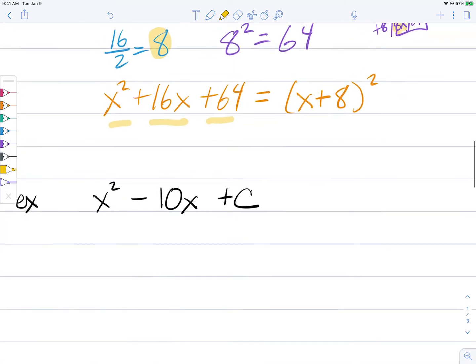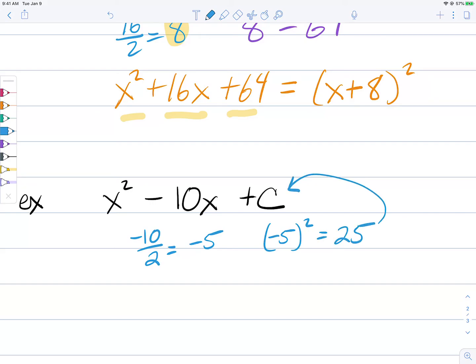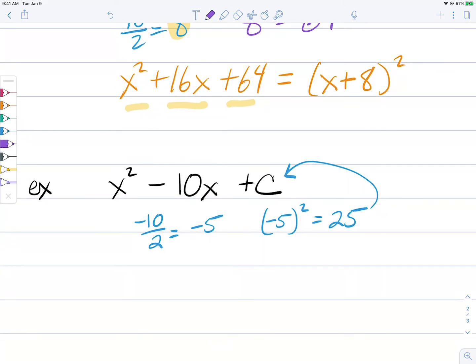So let's try another one. x squared minus 10x plus something unknown. Step 1, take b, which is negative 10, and divide it by 2. That's negative 5. Step 2, take that result, negative 5, and square it. That's 25. So my missing constant to create a trinomial square is plus 25.